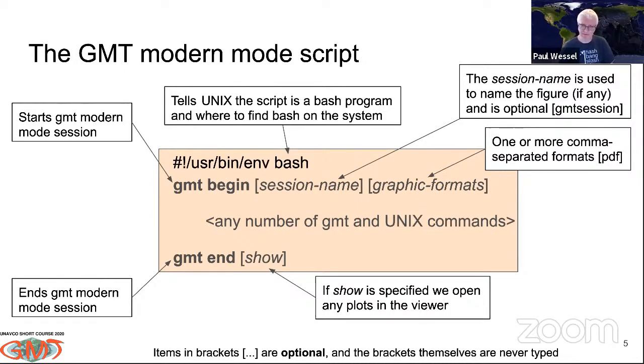Is this a PDF, or do you want to make a PNG, or maybe many types? And then between begin and end, you have all the GMT and Unix commands you need to make that session work. And then you do gmt end, and you'll see we're going to use gmt end show quite a bit, which means the plot or plots, if there are any, will be opened up for you to look at right away as the script runs. So that's sort of what a GMT modern script looks like.